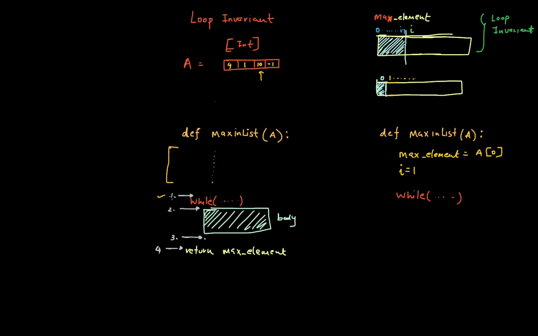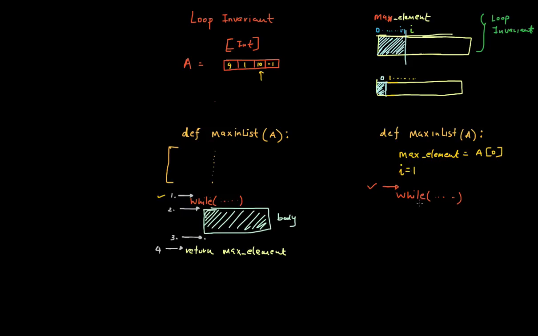Just before the while loop, my loop invariant holds because max element is the value of A of 0, and everything after 0, index value 1, hasn't yet been looked at, and I is pointing at that portion of the list that is still remaining to be looked at. So that's good. I've got my initial variables set up correctly.